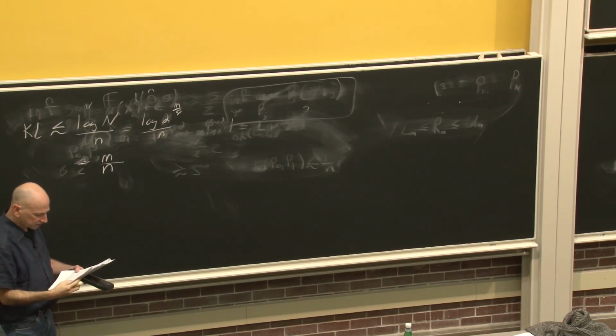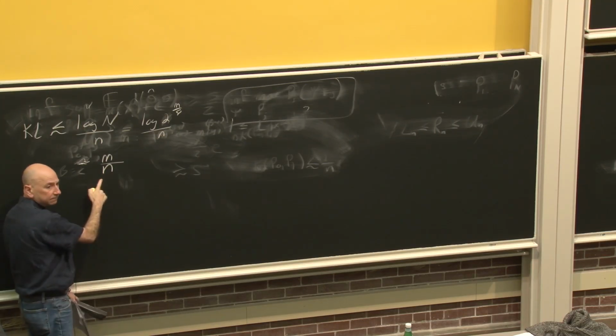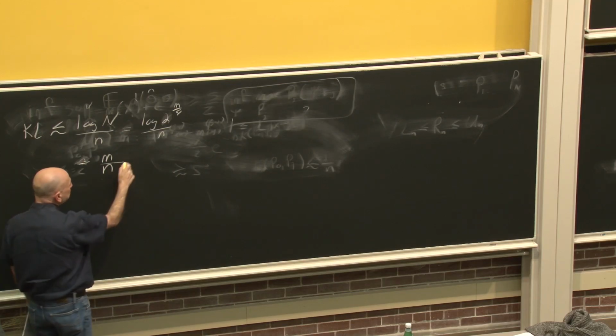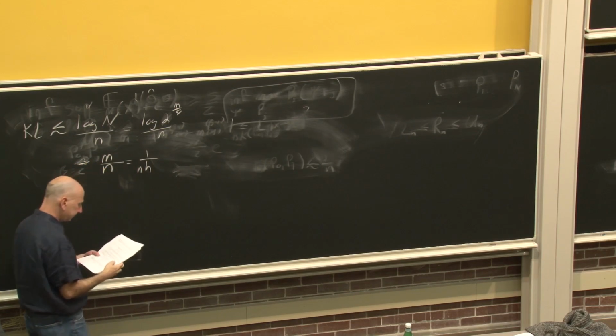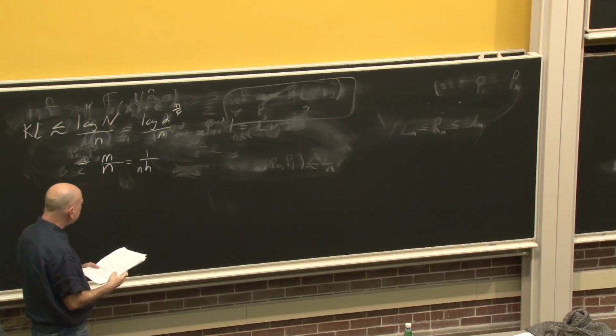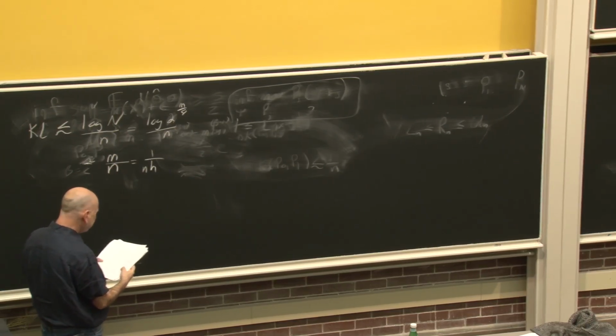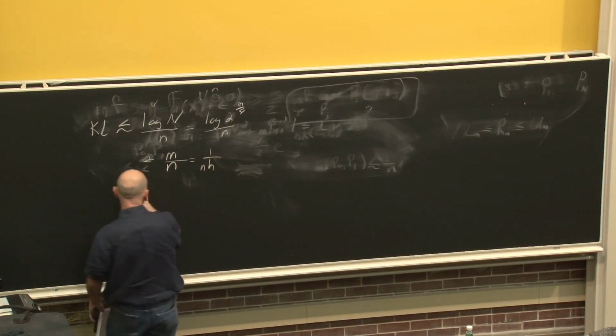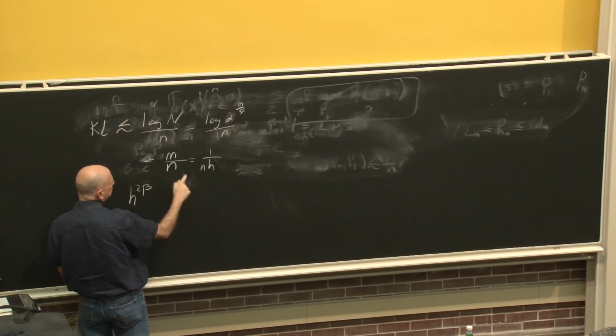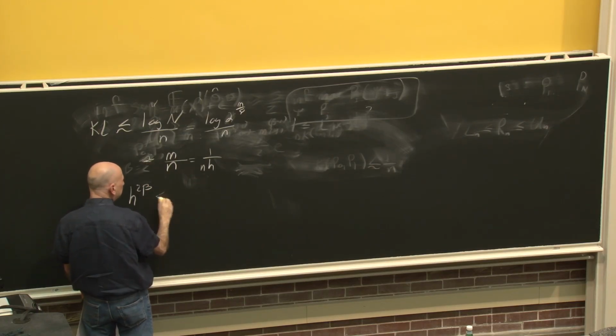Let's make sure it agrees with my notes. Yeah. But m is 1 over h, so that's 1 over n h. So what do I need? I need the Kullback-Leibler distance, which we just said has to be less than that.